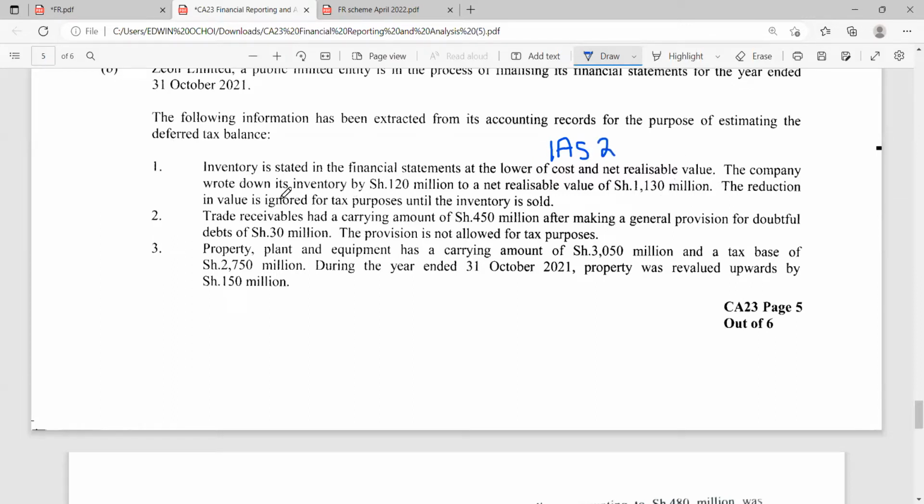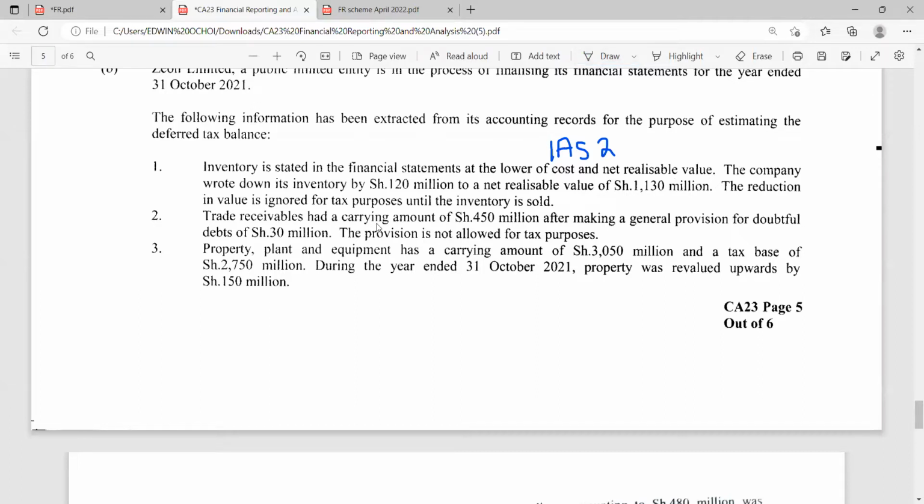So the company wrote down its inventory by 120 million to a net realizable value of 1,130,000. The reduction in value is ignored for tax purposes until the inventory is sold.